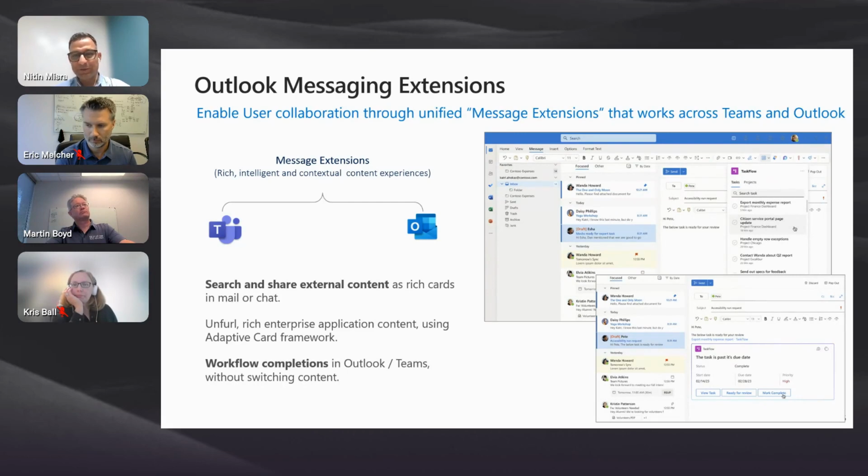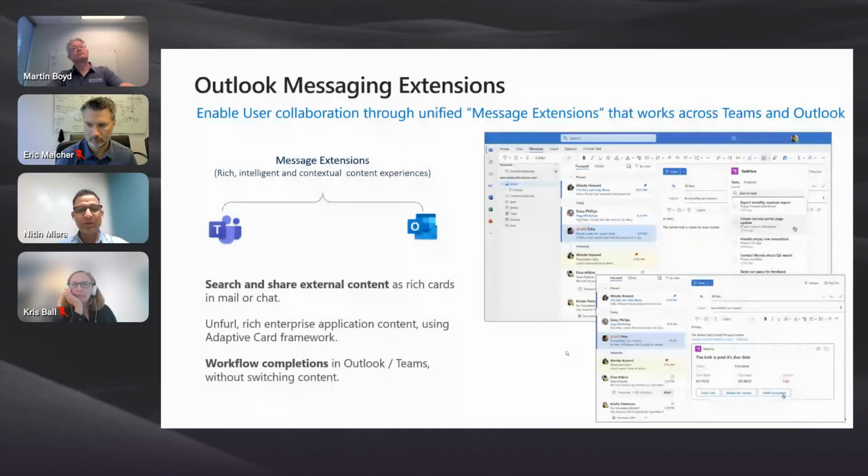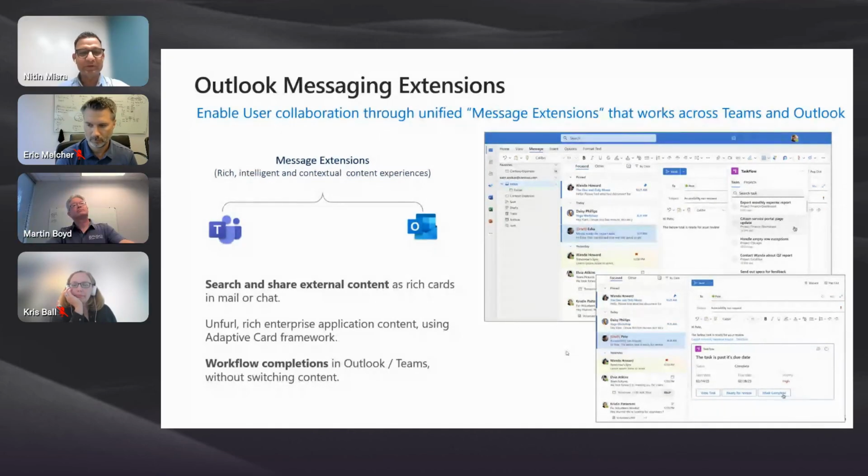Although the images on the right are a bit small, here you can see within Outlook, I have searched for the information, and that information is embedded as a card, which is an adaptive card, within my email. So the whole URL will be unfurled as rich enterprise application content using the adaptive card framework, and enables users to complete the workflows whether they are on Outlook or Teams.